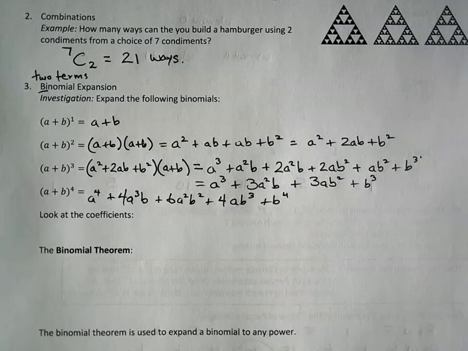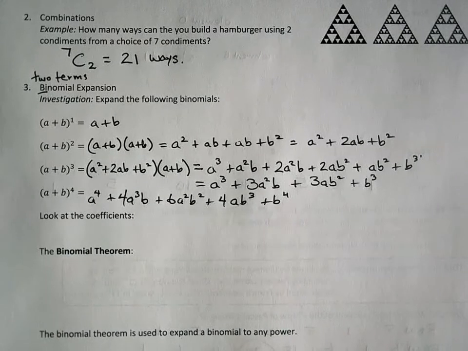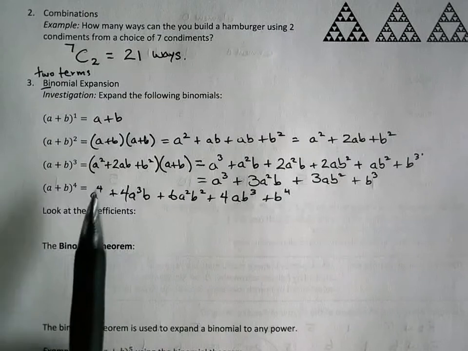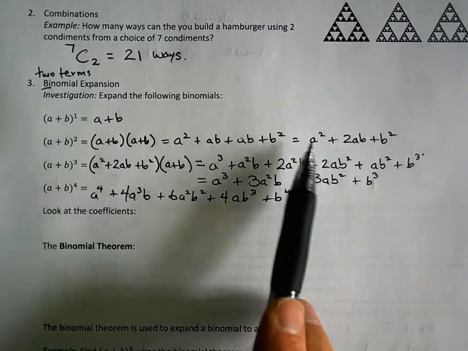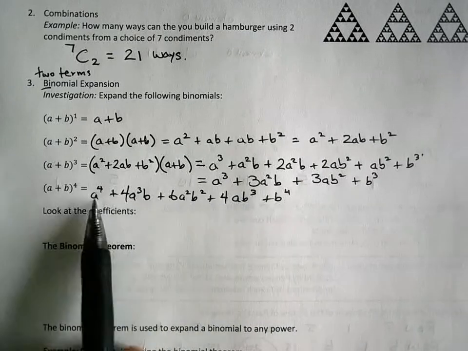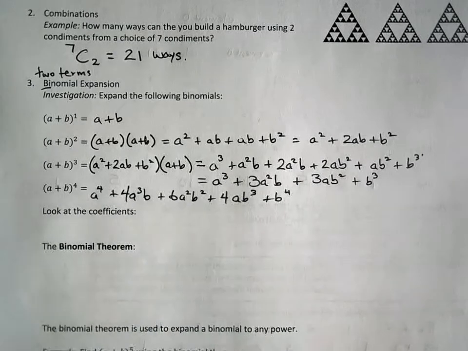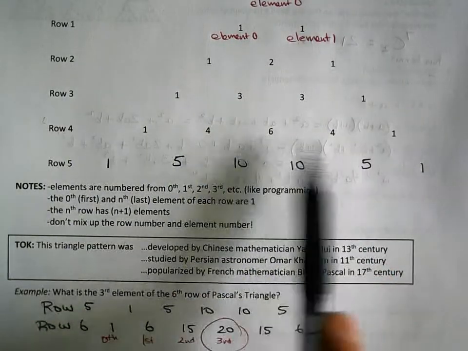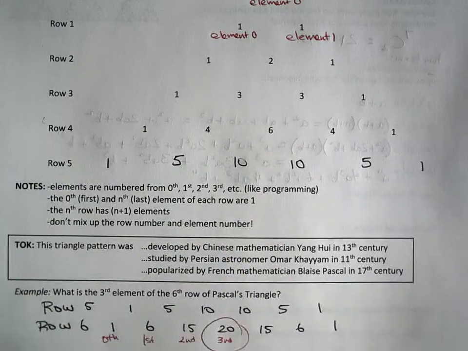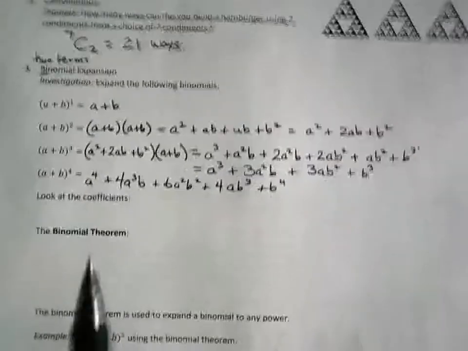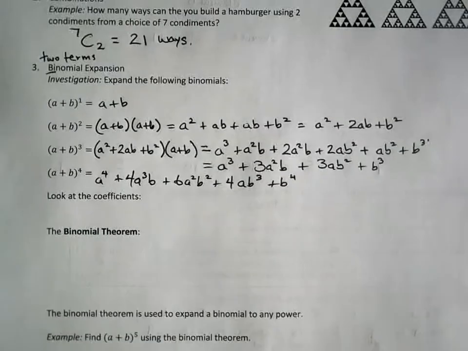So Pascal's triangle helps us do this binomial expansion because look at these expanded values. Look at the coefficients. 1, 2, 1. 1, 3, 3, 1. 1, 4, 6, 4, 1. Look back at Pascal's triangle. 1, 2, 1. 1, 3, 3, 1. 1, 4, 6, 4, 1. They're the same values. So Pascal's triangle can actually be used to find the coefficients of a binomial expansion.